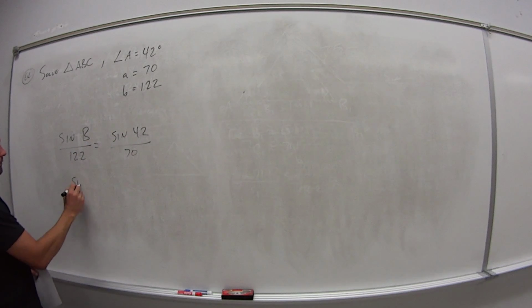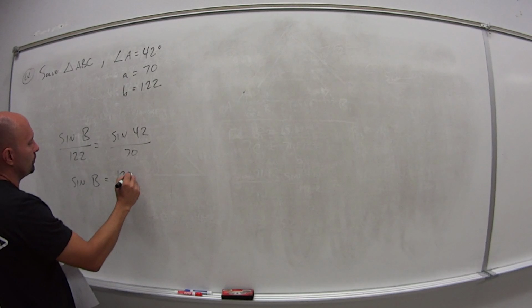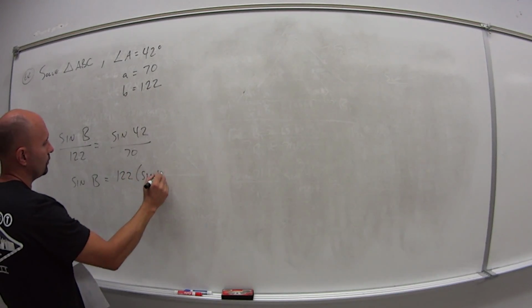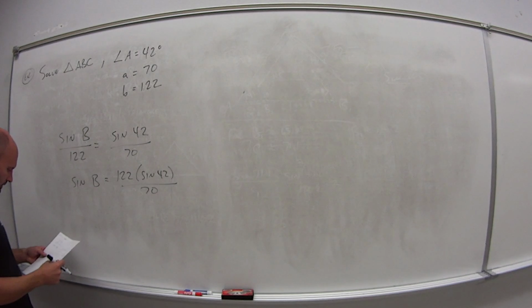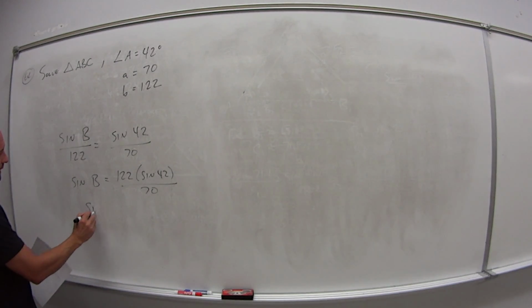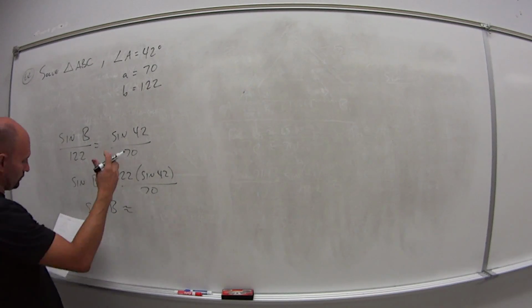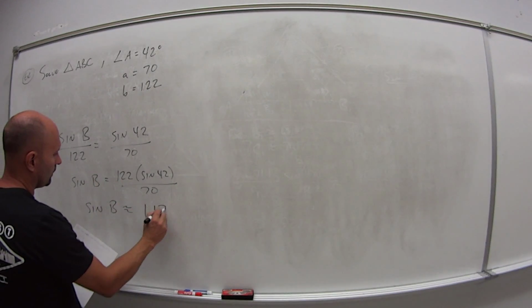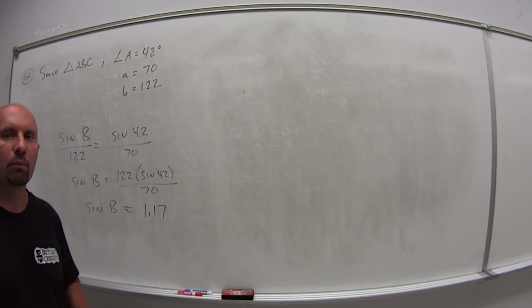If I multiply across here, I get sine of B is equal to 122 times sine of 42 all over 70, which tells me that sine of B is approximately, again using a calculator, 1.17. Uh-oh, we got a problem.